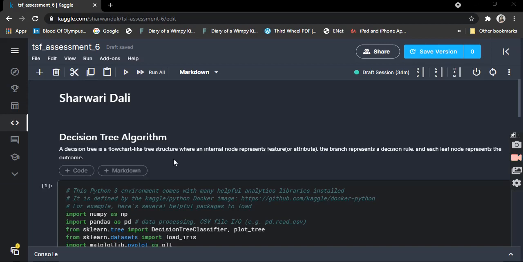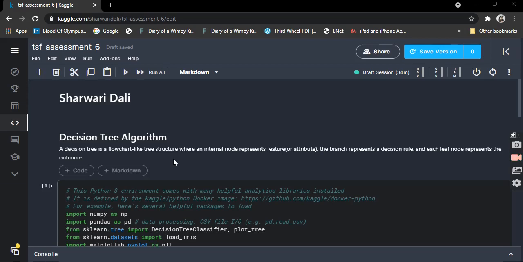Now, how does a decision tree work exactly? For that, we need to select the best attribute using ASM, attribute selection measure, to split the records. Then make that attribute a decision node and break the dataset into smaller subsets. After splitting the data, we start building the tree by repeating the process of making an attribute a decision node and breaking the dataset into smaller subsets.